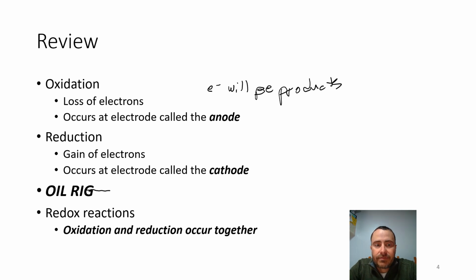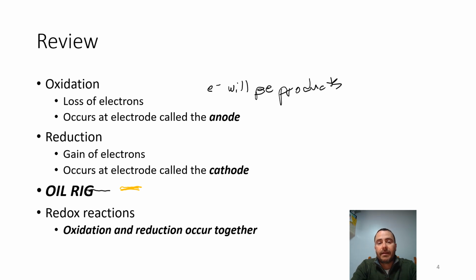Next we have reduction, and reduction is a gain in electrons. That is the RIG part of our OIL RIG. Reduction is a gain. When we look at our voltaic cells, our electrochemical cells, we're going to see that this takes place at the electrode we're going to call a cathode.